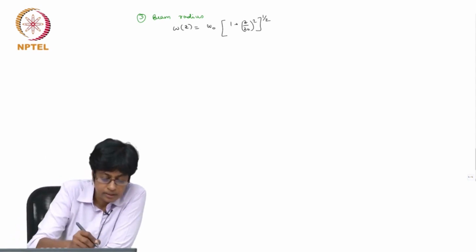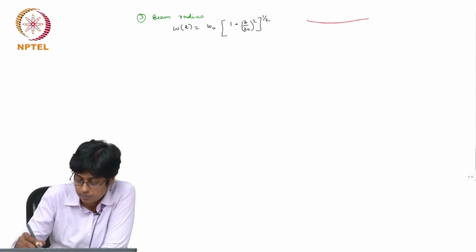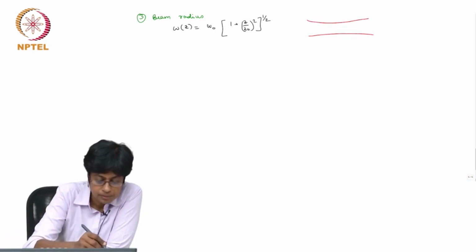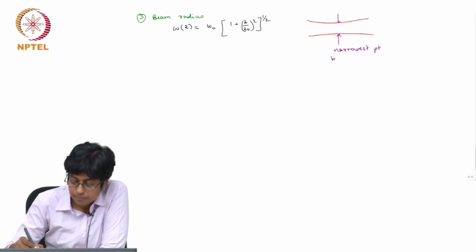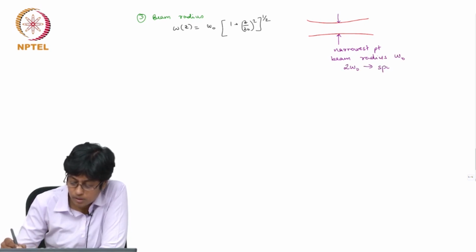So again, I've said this before, but just to make it clear, we are saying at the narrowest point, the beam radius is omega naught, and 2 omega naught is called the spot size of the beam.